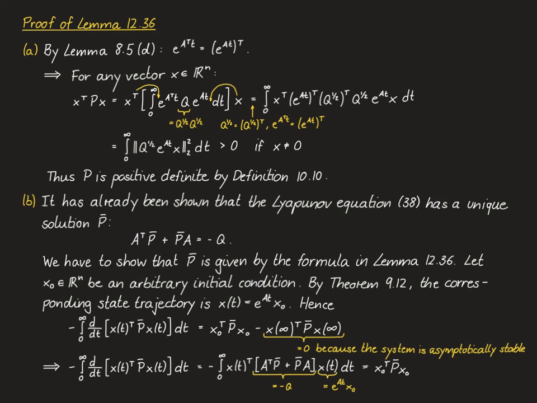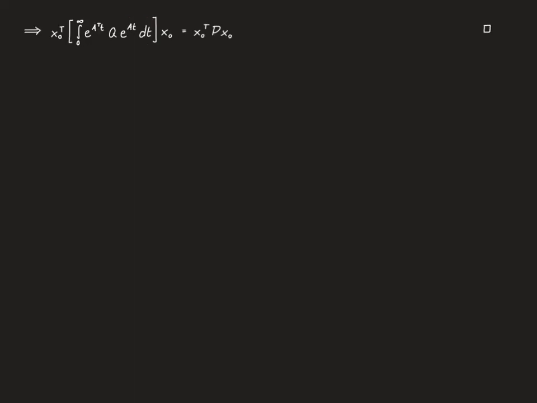And of course, similarly, x of t transpose is equal to x naught transpose times e to the A transpose t. Therefore, by taking the vector x naught out of the integral to the right and x naught transpose to the left, we are left with this equation, which clearly shows that P has to be equal to this integral, and hence we have concluded our proof.